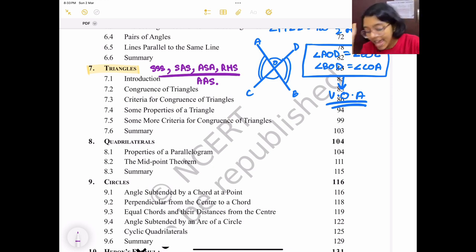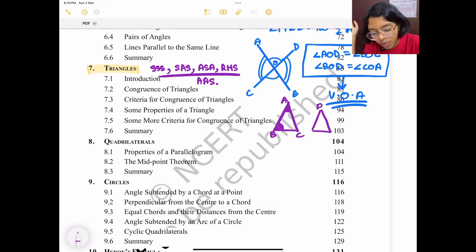AAS basically means in two triangles, let me name them triangle ABC and triangle PQR, if this angle is equal to this angle, and if this angle is equal to this angle, and if this side BC is equal to this side, then we can say triangle ABC is congruent to triangle QRP.